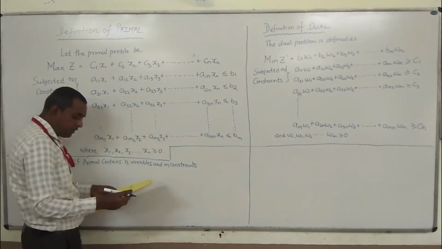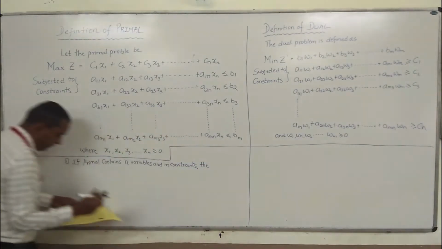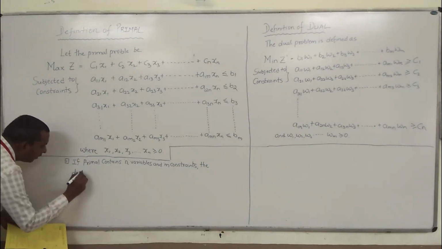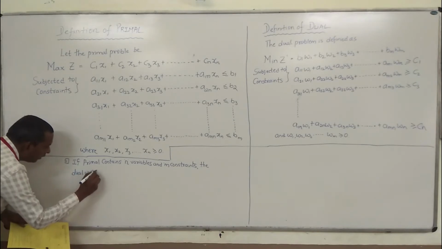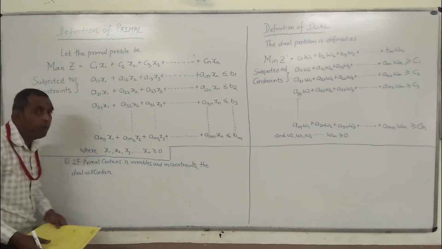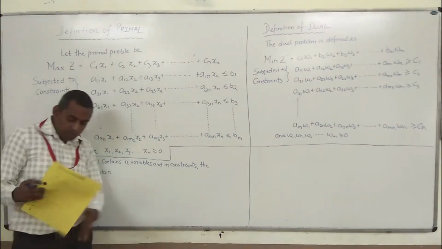How many constraints? m constraints. The dual will contain, what here? Vice versa. Exactly opposite of this.